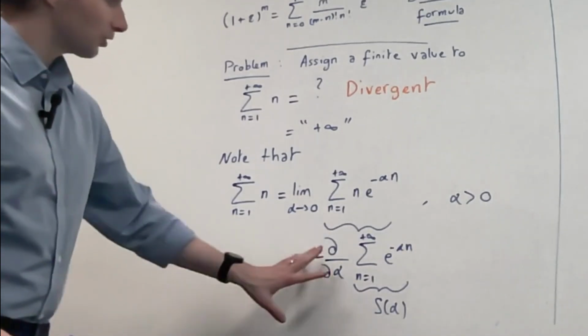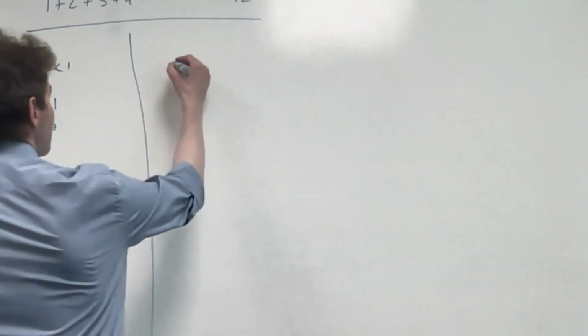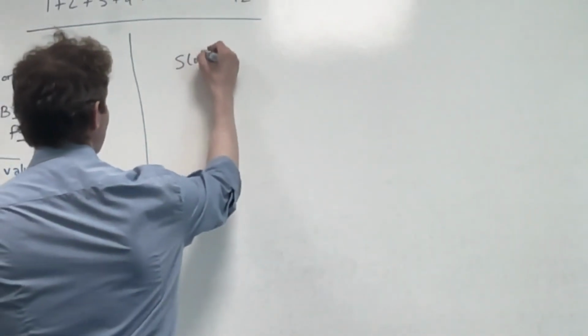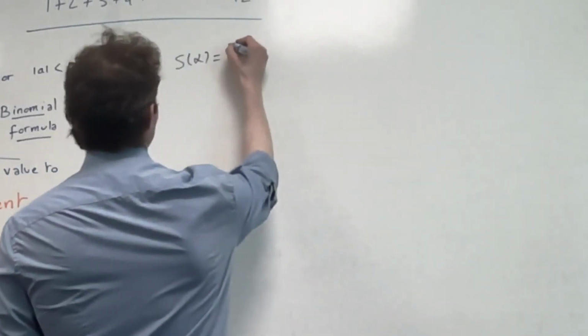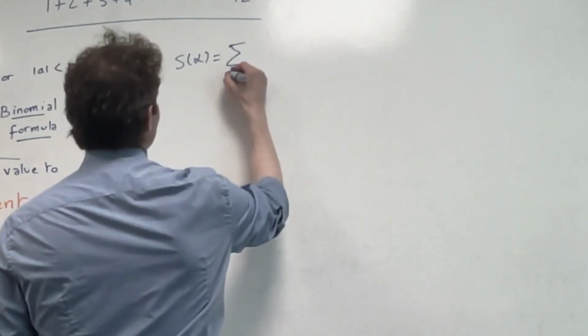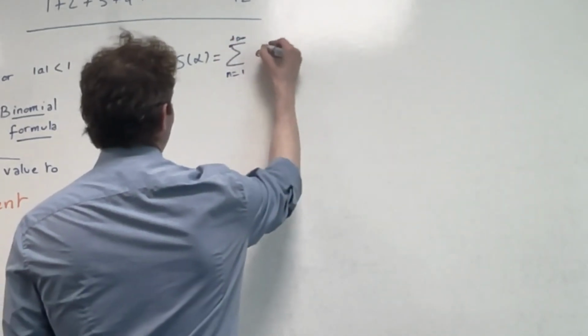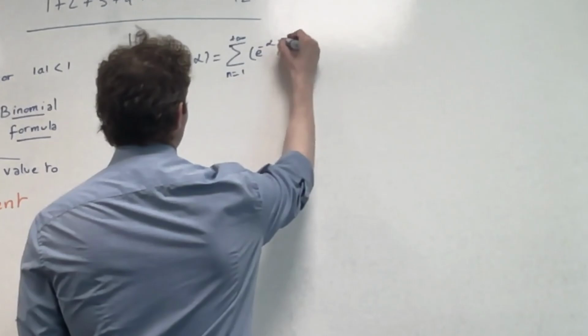So we see that there are multiple things to be looked at here. S of alpha is equal to the sum, and I'm going to rewrite this as follows, for n to plus infinity of exponential minus alpha to the power n.